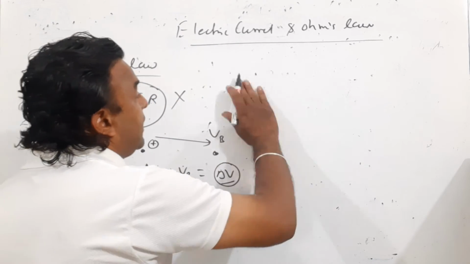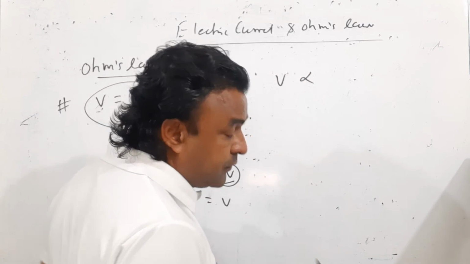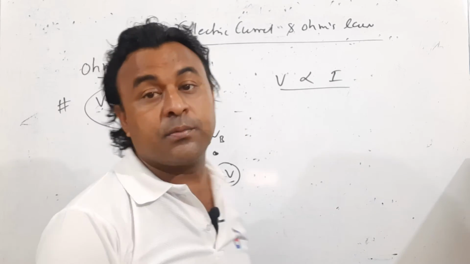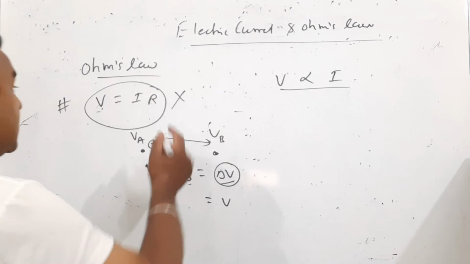And if there is any potential difference and charge is free to flow, then the rate of flow of charge is proportional to the potential difference. This is Ohm's law, not this one.